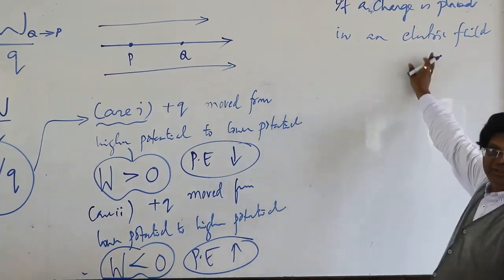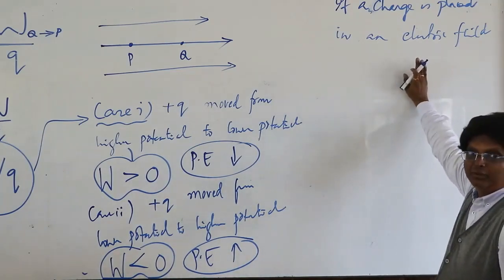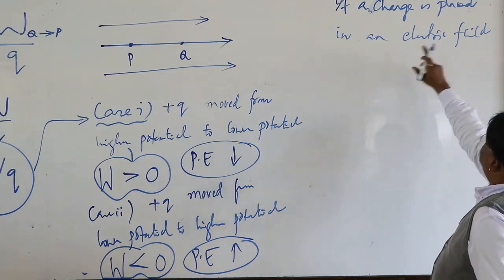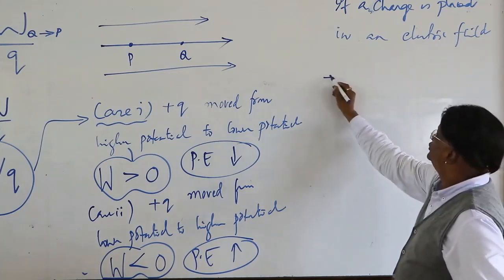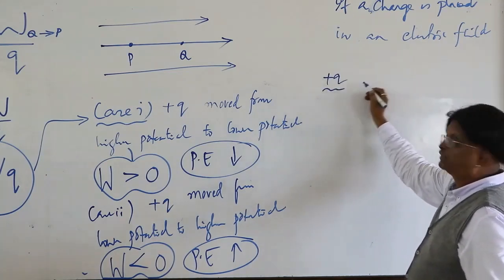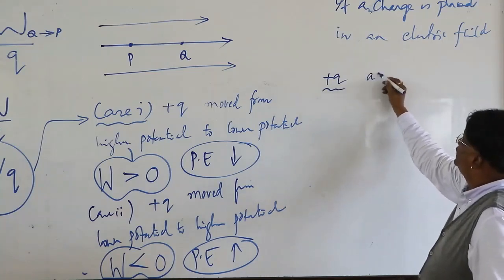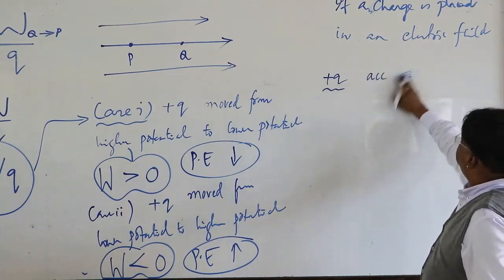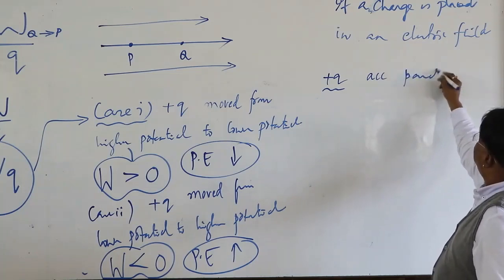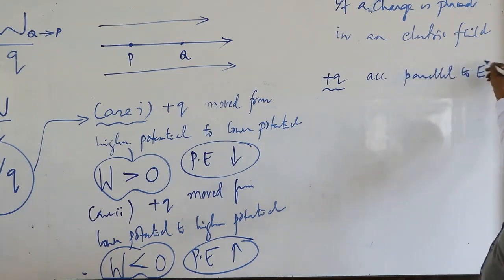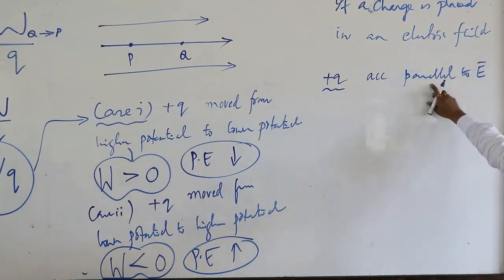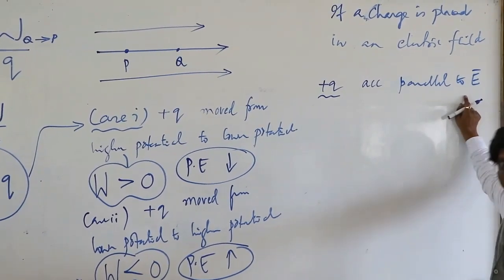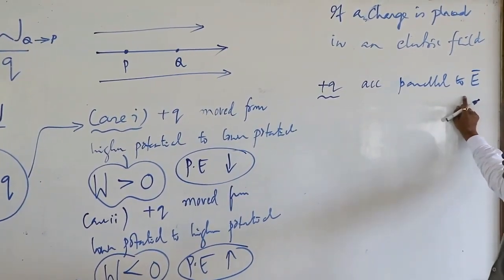First, let me take this as a fundamental concept to tell you one more important statement. A charge placed in an electric field, we have told, positive charge accelerates parallel to E bar. Positive charge accelerates parallel to E bar, that is along the field.